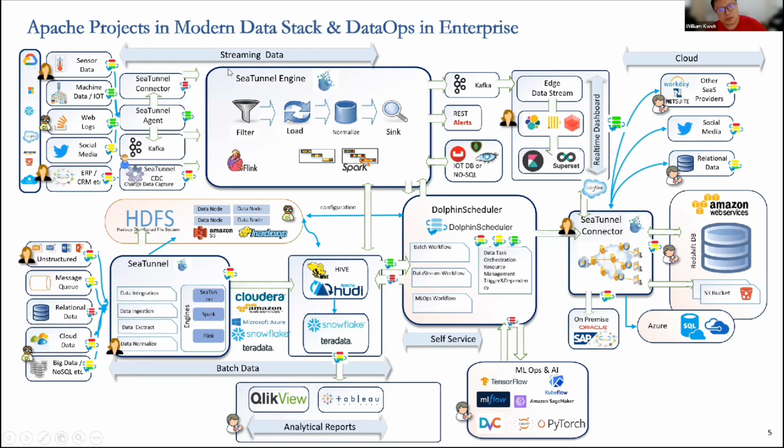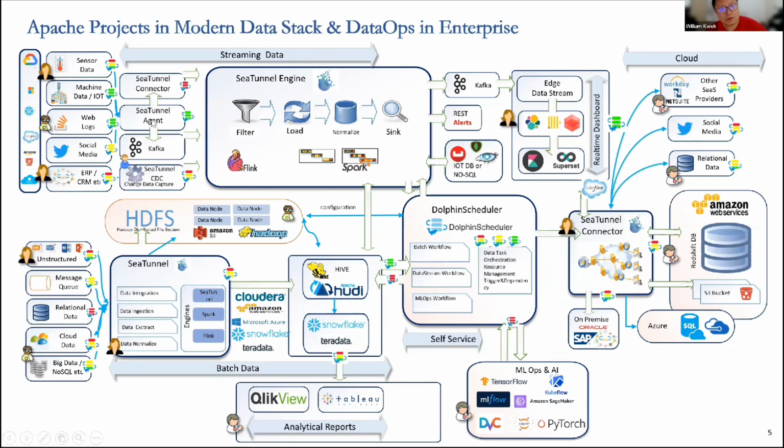The streaming data can be generated from sensor data, IoT devices, weblogs, social media, or ERP or CRM systems. And we can use what we call a SeaTunnel connector to connect the IoT devices to the data consumers.